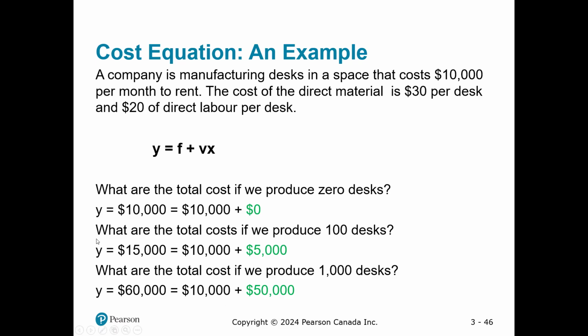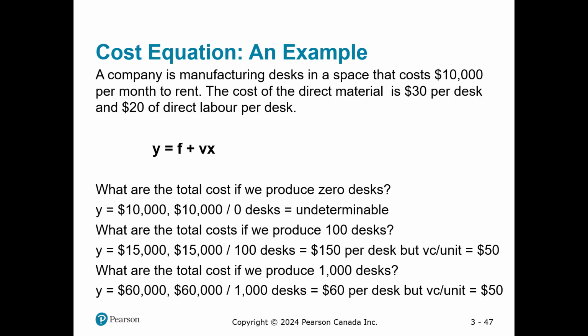What's causing Y to change from the 10,000 to the 15 to the 60? It is just the variable costs that is causing the total costs to change. If we didn't change the volume, then the total cost would not change. So total variable costs cause the total mixed costs to change. That's important to understand.